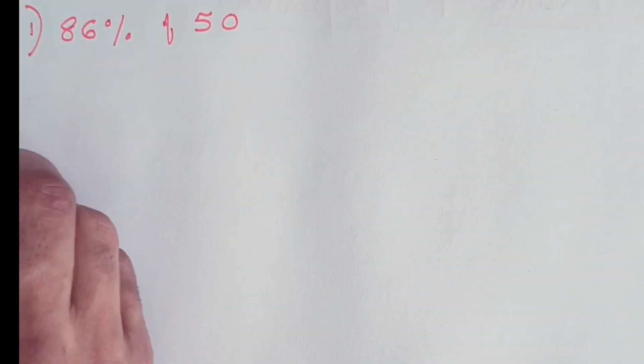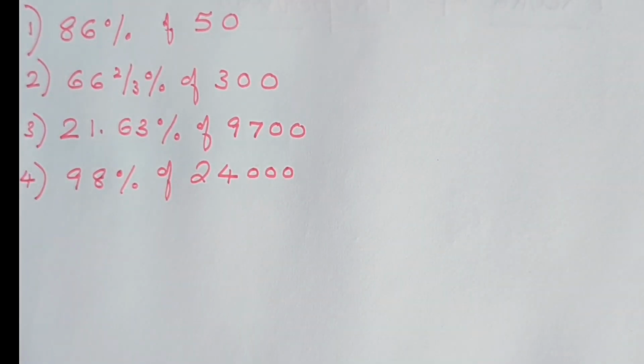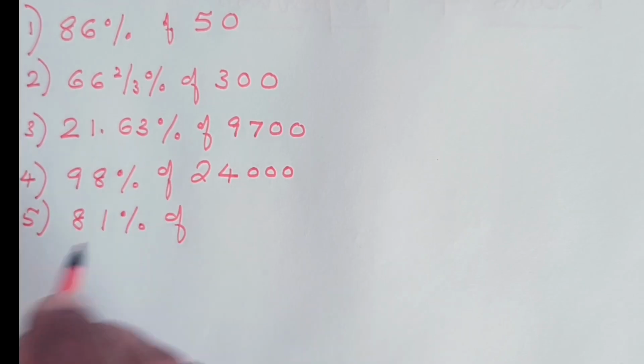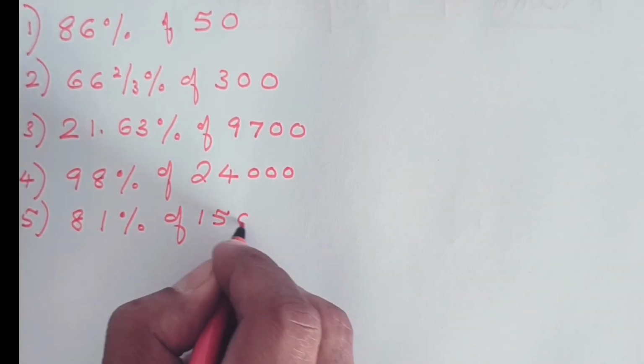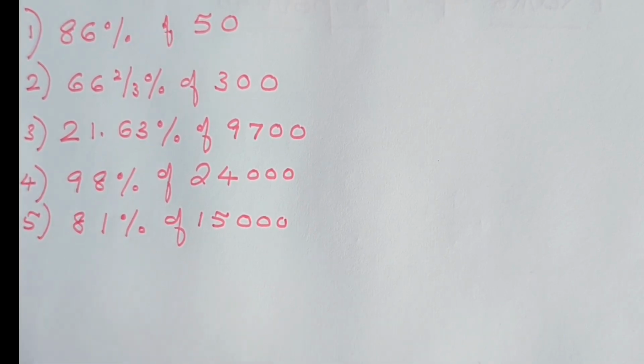By the way, I'm listing out a few problems based on percentage calculation here. 86 percentage of 50, 66 and 2 by 3 percentage of 300, 21.63 percentage of 9,700, 98 percentage of 24,000, and 81 percentage of 15,000. Use whatever strategies discussed in this video and try to answer these questions in just a few seconds, and note your answers in the comment section.